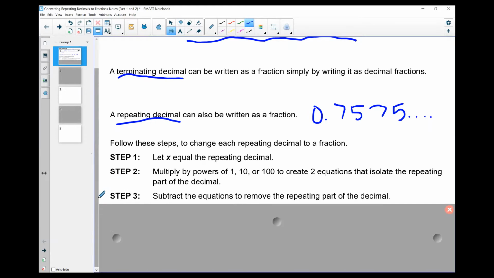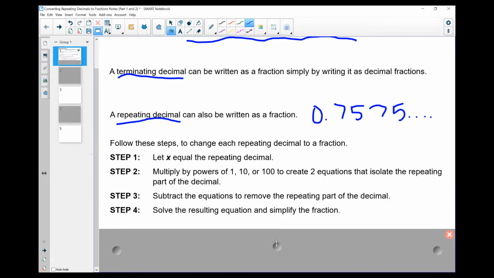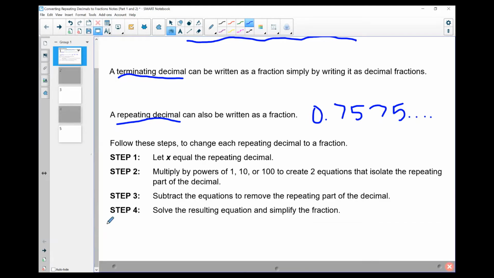Then with the third step, we're going to subtract the equations to remove the repeating part of the decimal. And then finally, the last step is we're going to solve the resulting equation and simplify the fraction.